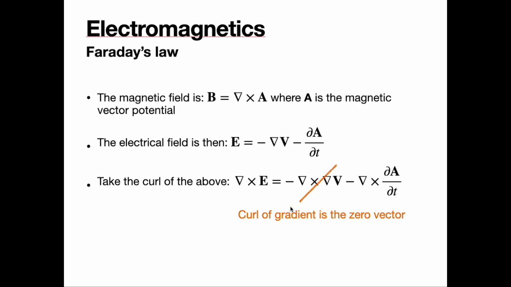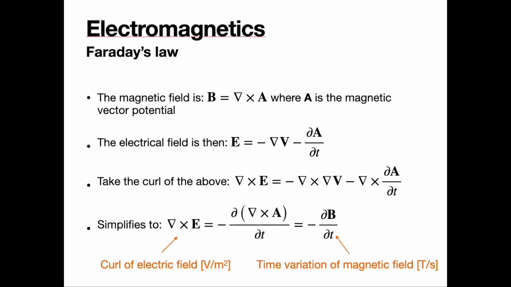So this part will disappear, and you end up with a relationship which simplifies to curl of E is minus the time variation of the curl of A, which, if we use the definition here, is nothing else than dB dt. Curl of A is equal to B. So you can replace this curl of A by B here.